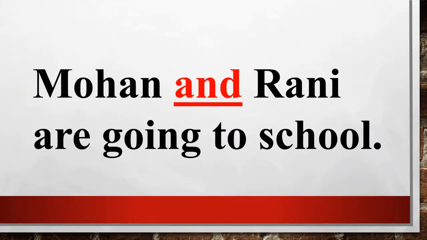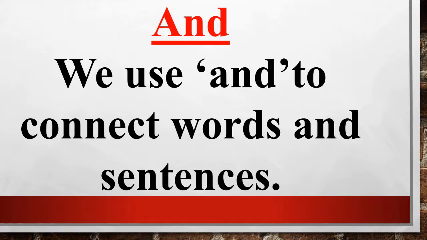So we get the sentence Mohan and Rani are going to school. Can you tell me, children, when do we use and? Don't worry, I will tell you. We use and to connect words and sentences.